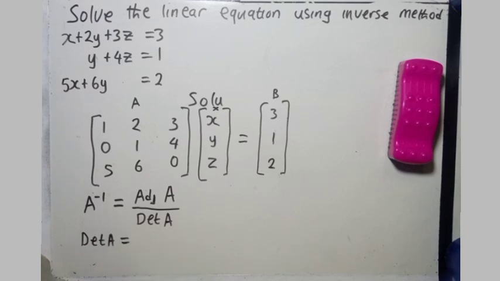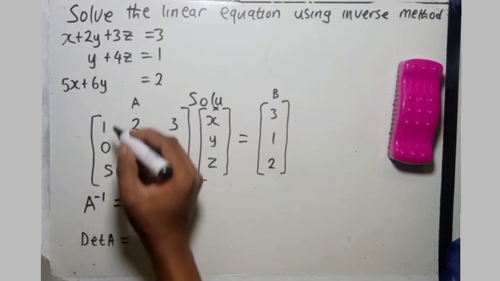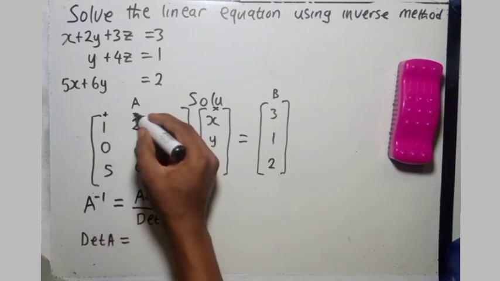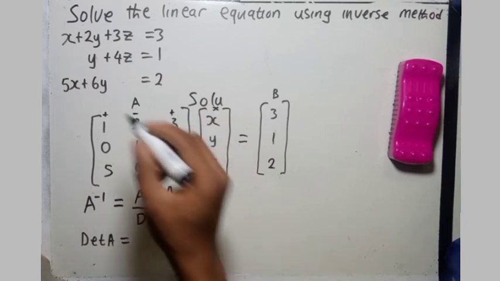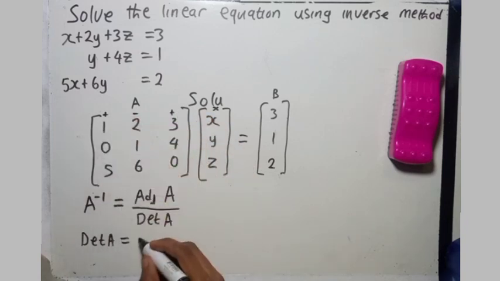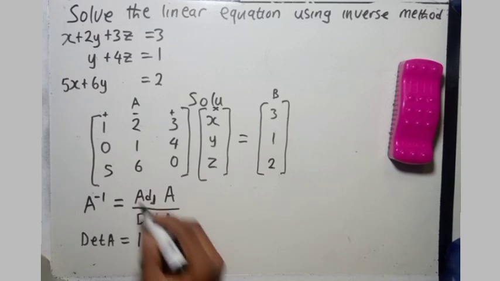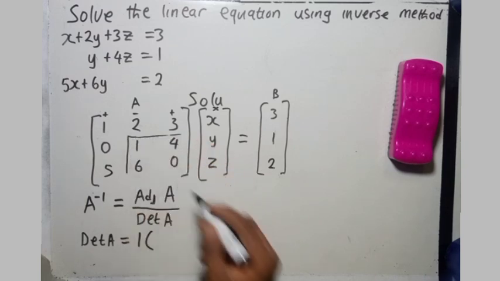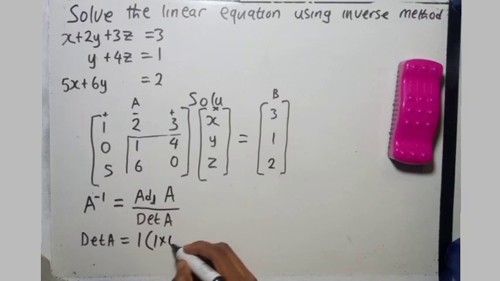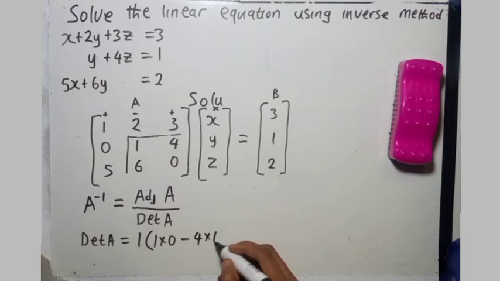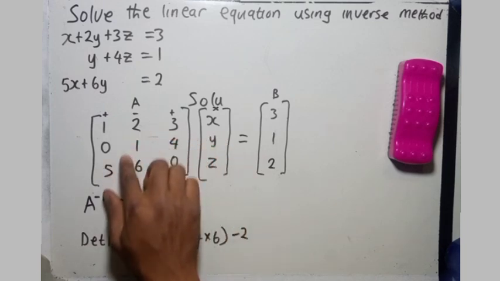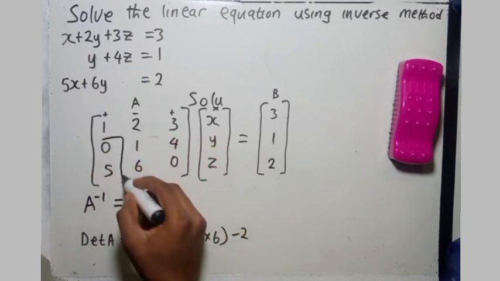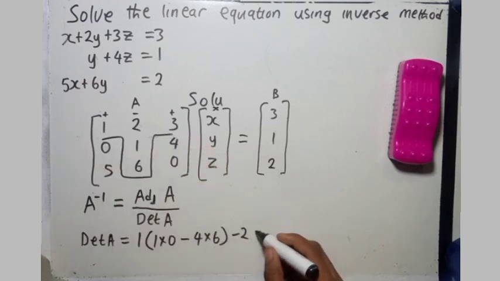Doing that, we will have our signs again: plus, minus, and plus. For our 1, we have 1 multiplying 1 times 0 minus 4 times 6. For the next one, minus 2. Our new matrix will then lie here.